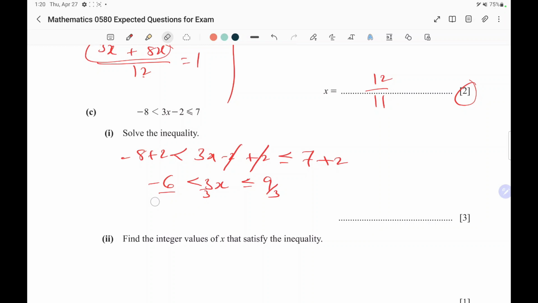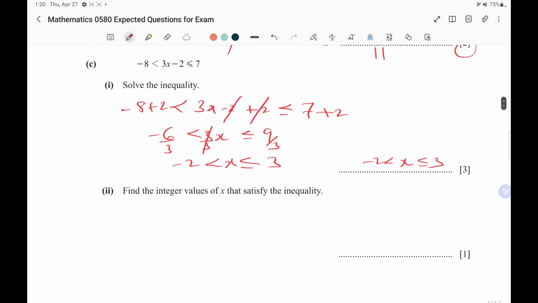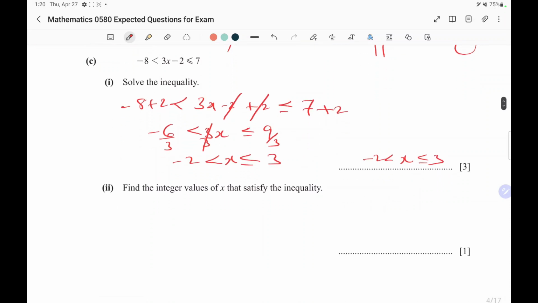So that can be, 3 and 3 cancel. So x will be minus 2 to 3. So here you can get minus 2 to 3. Now find the integer values of x that satisfy the inequality.